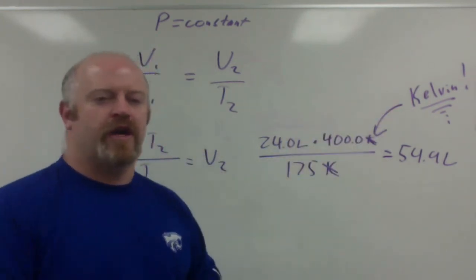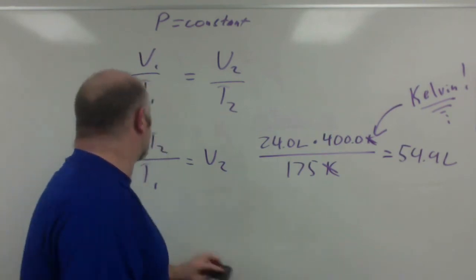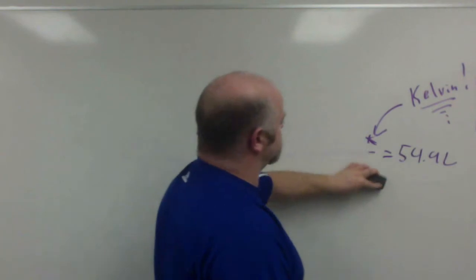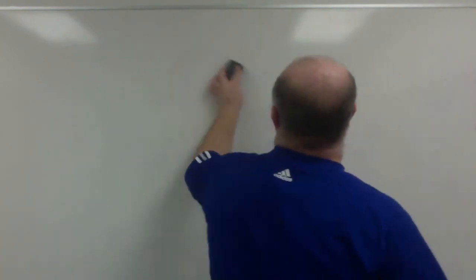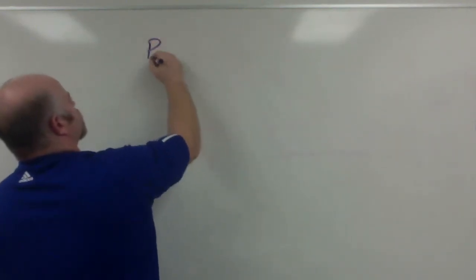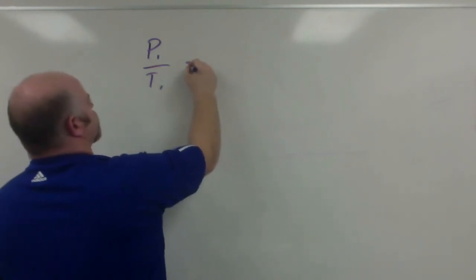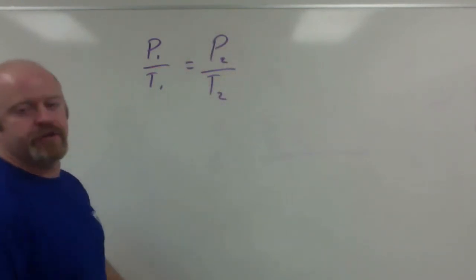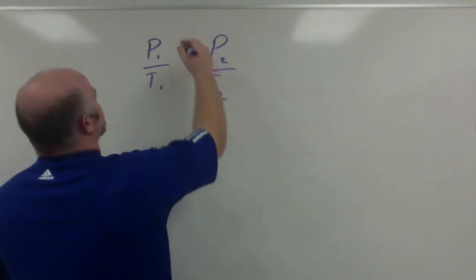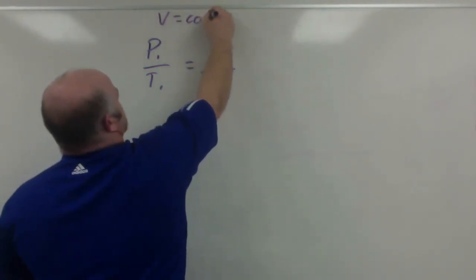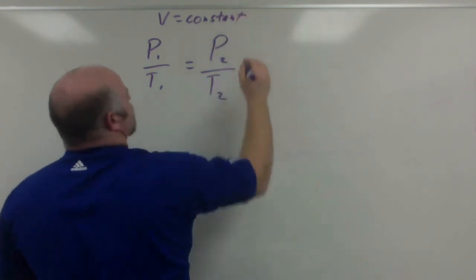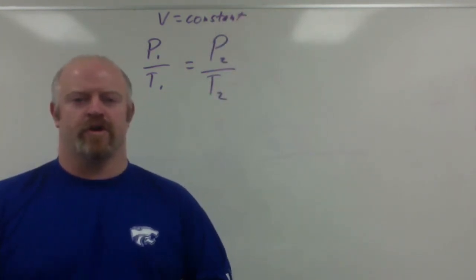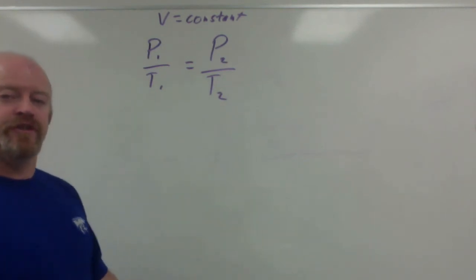Okay. Our third question. Now we're dealing with pressure and temperature. So we're using Gay-Lussac's law. So we have our initial pressure divided by initial temperature is our final pressure divided by our final temperature. In this case, we have a rigid container. So rigid container means volume is constant in this process. And at what temperature will the container burst? So we're solving for temperature in this case.